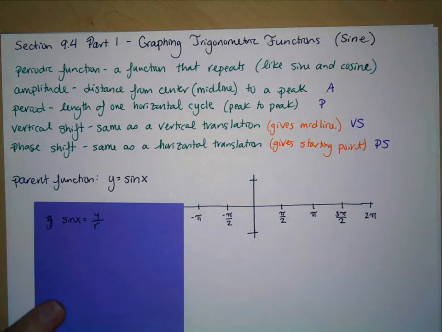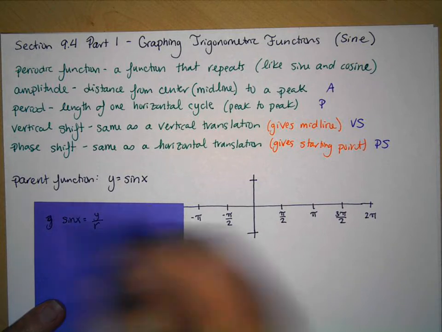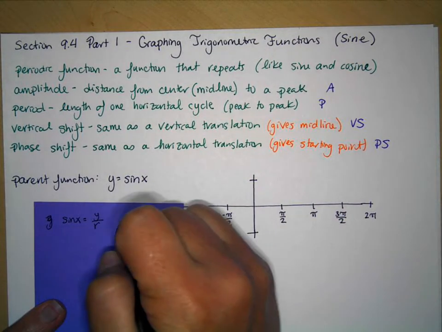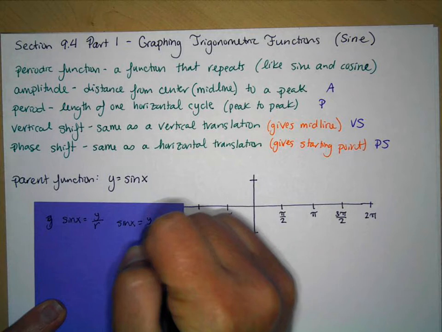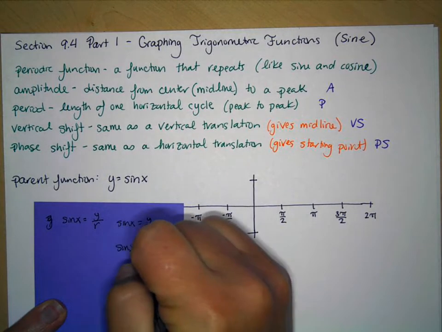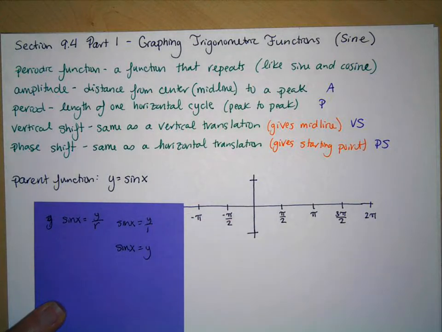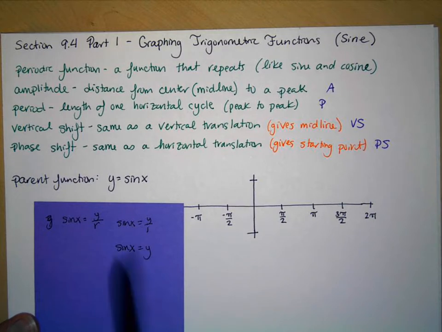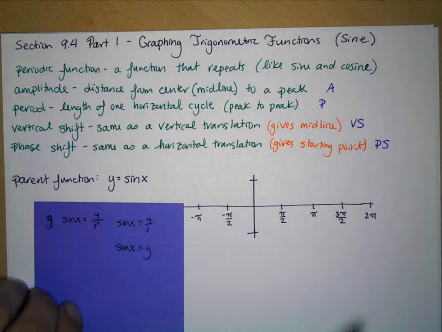And if we tie this back to our unit circle, the radius would be 1. And y divided by 1 is just y. Okay? So on our unit circle, the y-coordinate of any point on our unit circle is going to equal the sine of our angle.